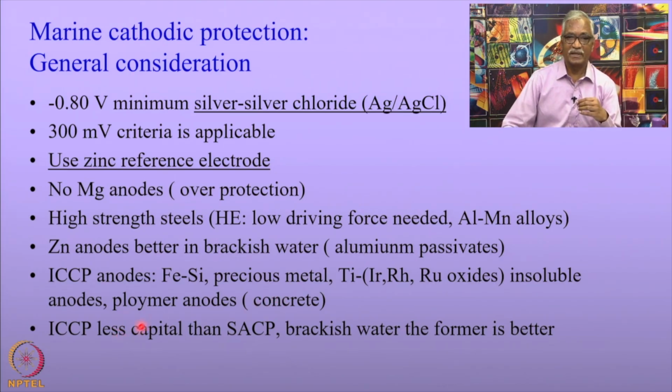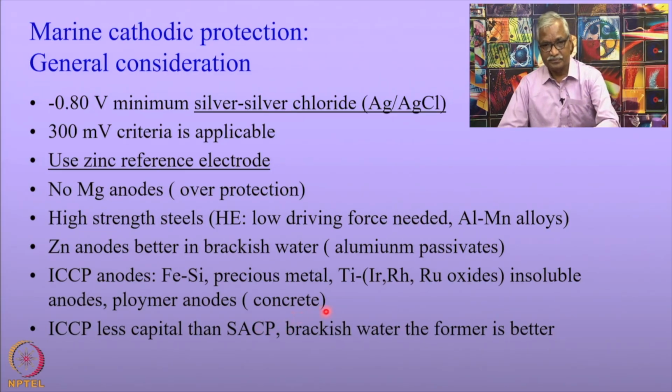ICCP is lower in capital cost than sacrificial anode cathodic protection systems for seawater applications because you need a large amount of sacrificial anodes installed, and for brackish water, ICCP works better than the sacrificial anode systems.